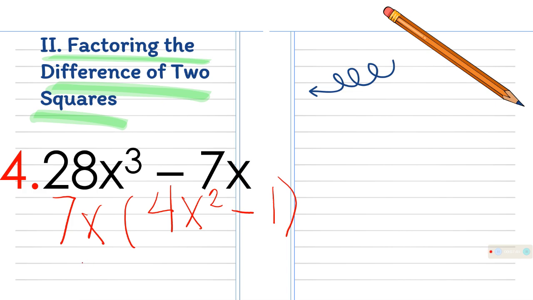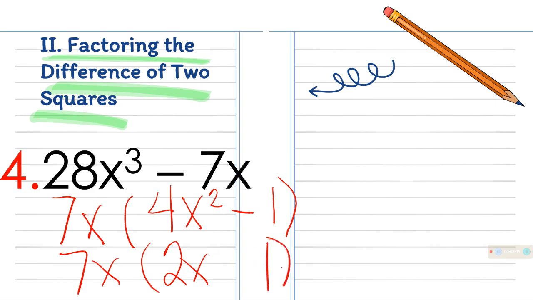So you will have 7x times the square root of 4x squared, which is 2x, and the square root of 1, which is 1.